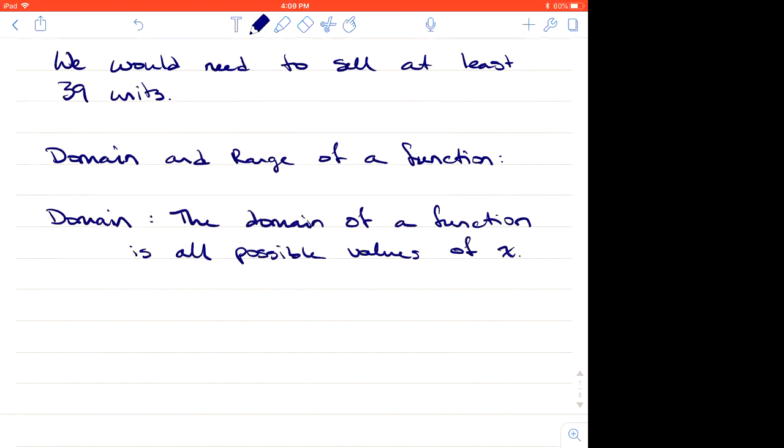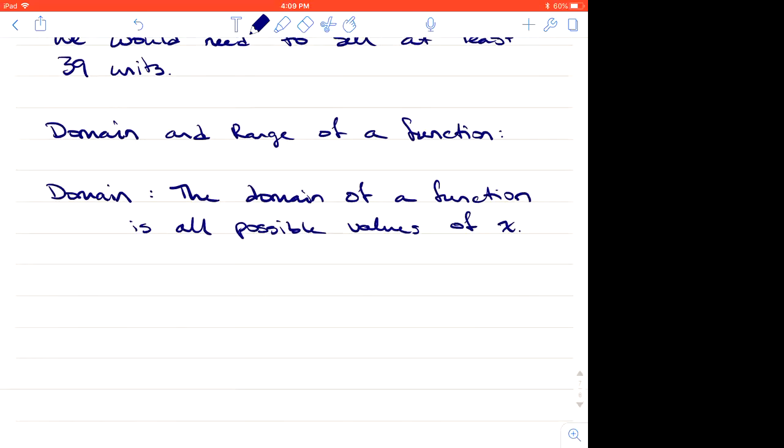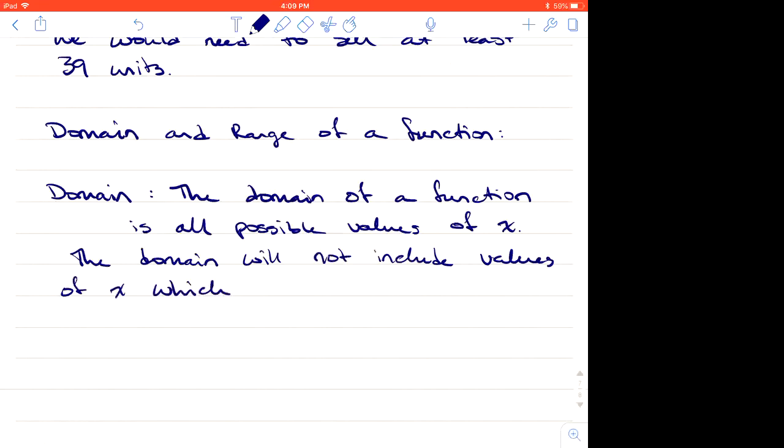So the domain will not include values of x which yield illegal math.